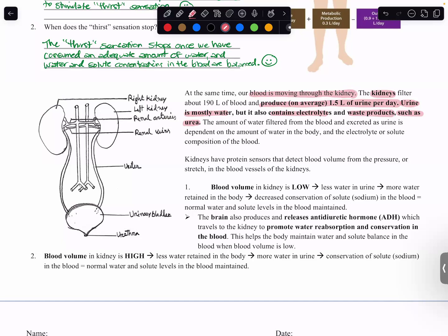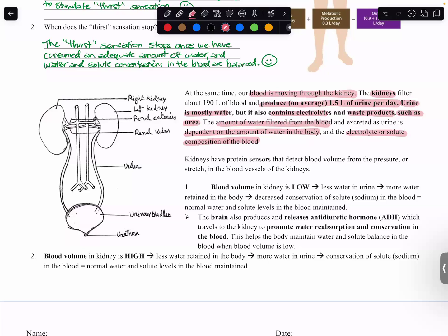The amount of water filtered from the blood and excreted as urine is dependent on the amount of water in the body and the electrolyte or solute composition of the blood, right? So that goes hand in hand with the mini investigation that we did on water intake, right? The higher our water intake, the higher our urine output. The lower our water intake, the lower our urine output.